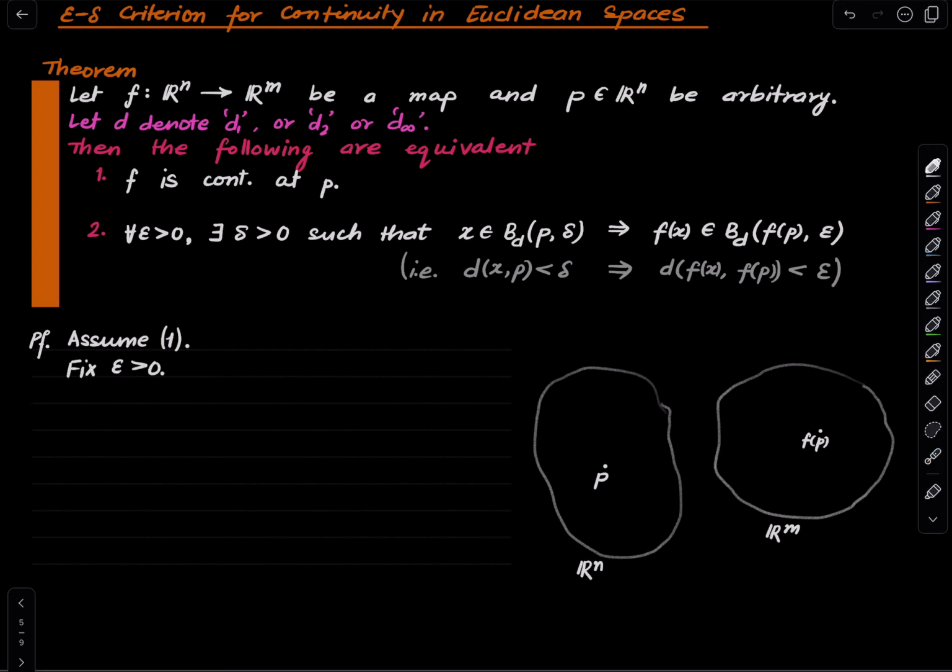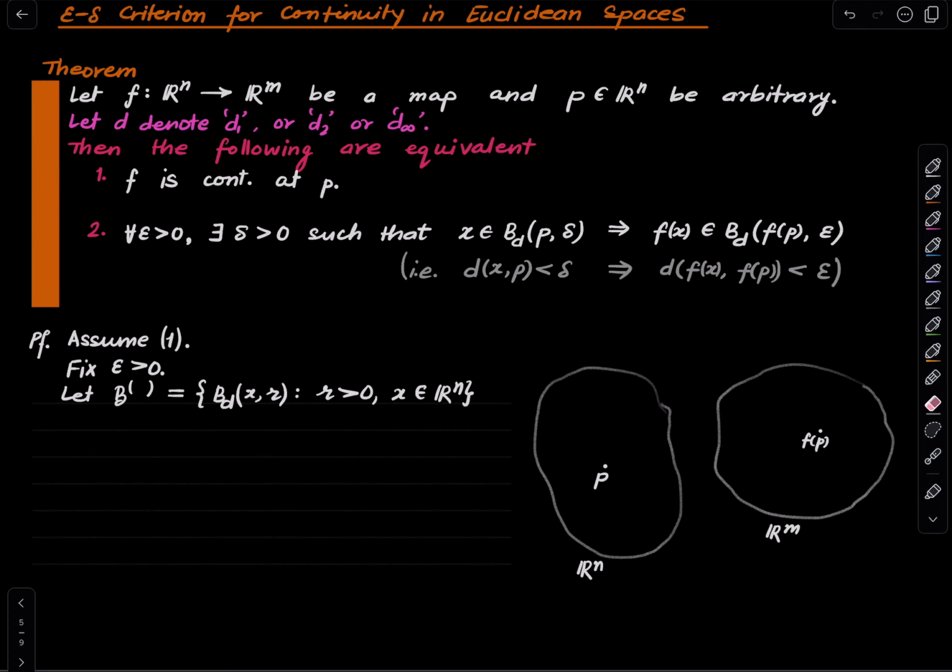And now we want to show the existence of that delta. All right, so let Bn and Bm be this basis on Rn, which is all the balls of some positive radius around all the possible points.